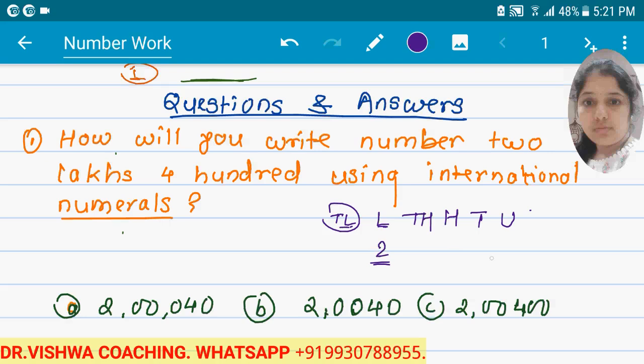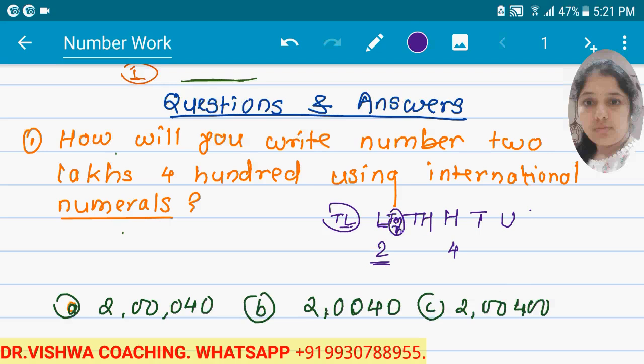Now 400 means at the hundred position the digit is 4. And there is nothing at the 1000 or 10,000 position. So you need tens, 100, 1000, 10,000 and then lakhs.